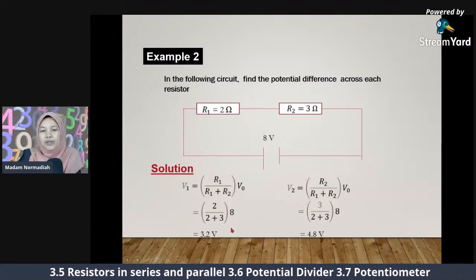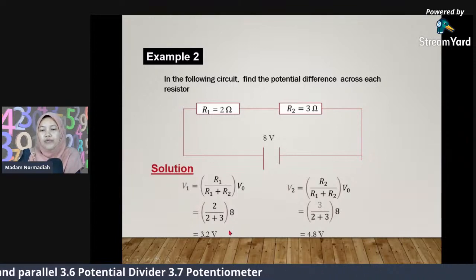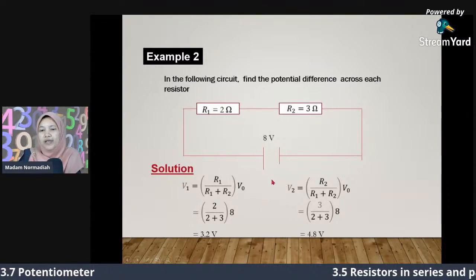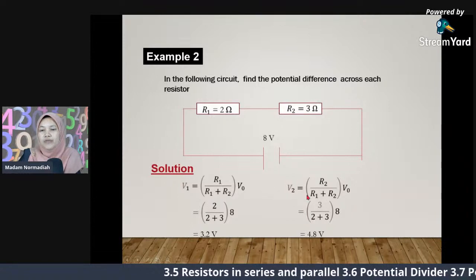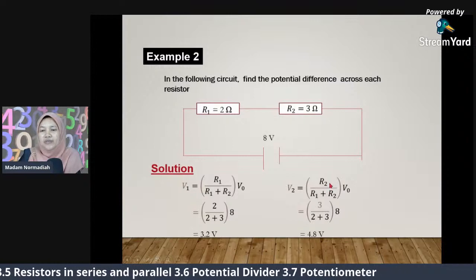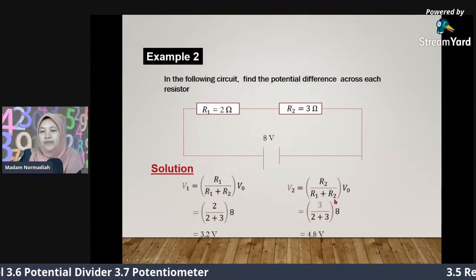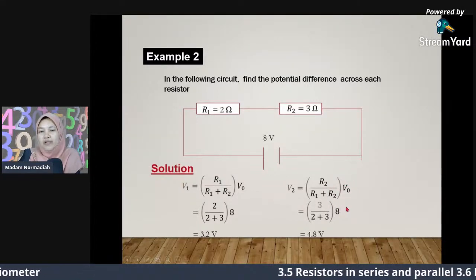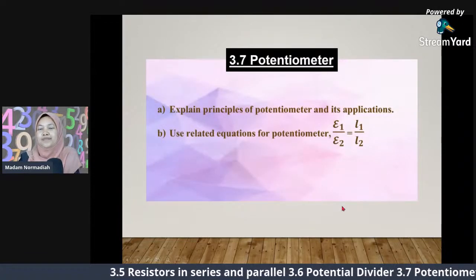Finally, you will get the final answer, which is 3.2 volt. If you want to find the voltage at R2, or V2, we just replace it with resistance 2, or R2, in the equation. Then you substitute the value of the resistance.